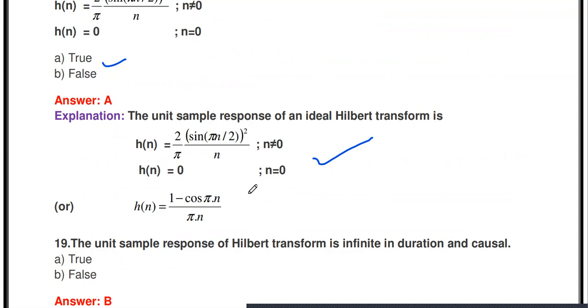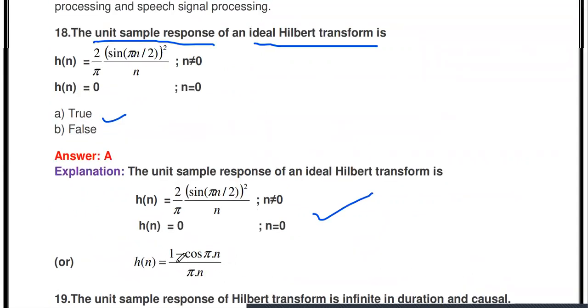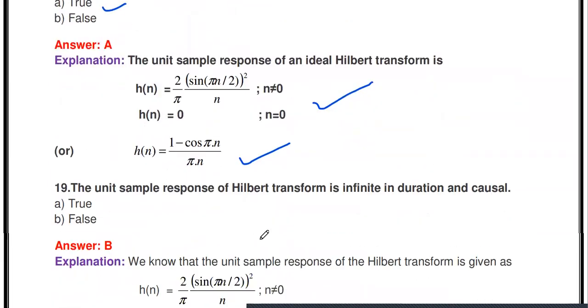So the other formula for the unit sample response of the Hilbert transform in terms of cos is 1 minus cos pi n divided by pi n. Both are the same. So you remember these formulas.